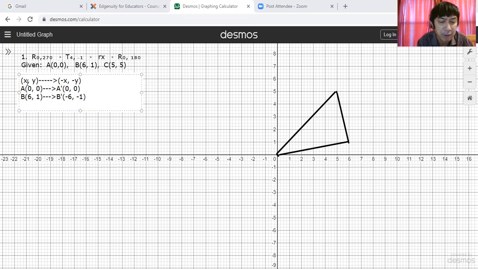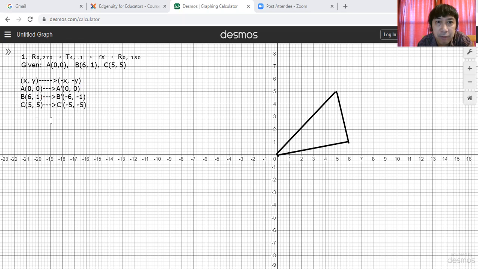And then we proceed for the third point C, the given is 5, 5. That will just become negative 5 and negative 5 for the C prime. Okay, so that will be for our first operation, rotation.